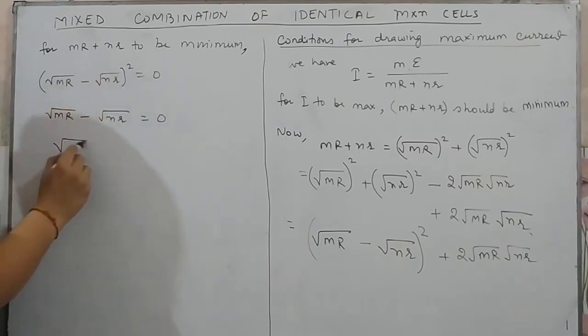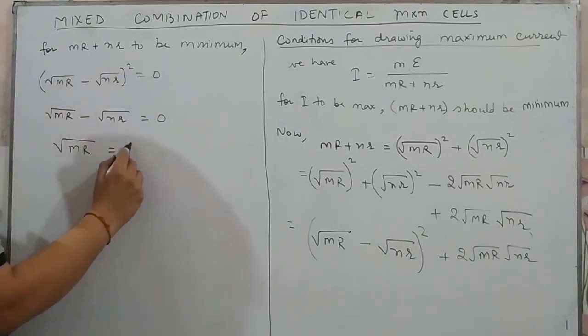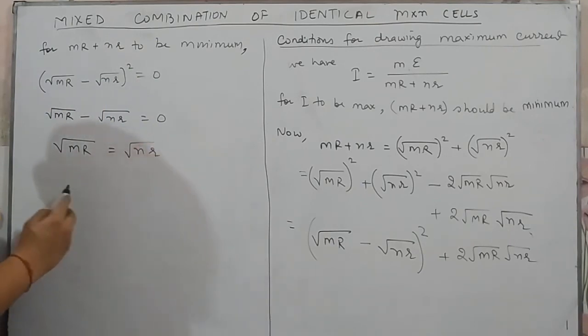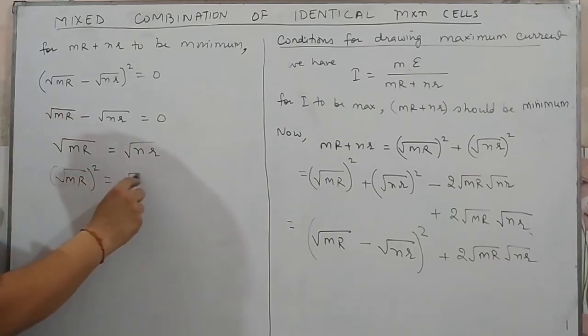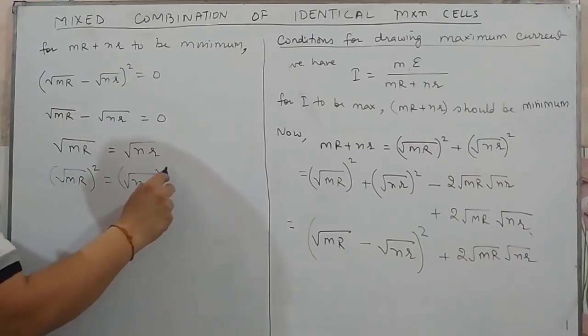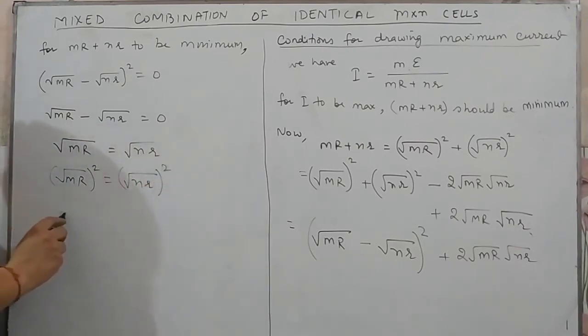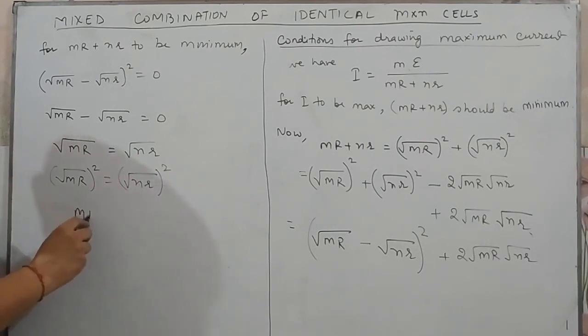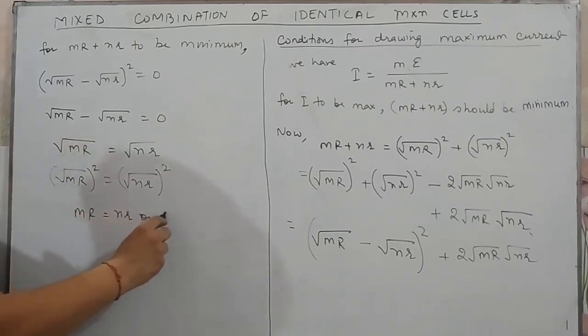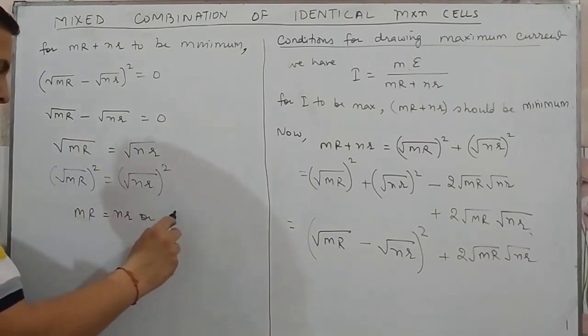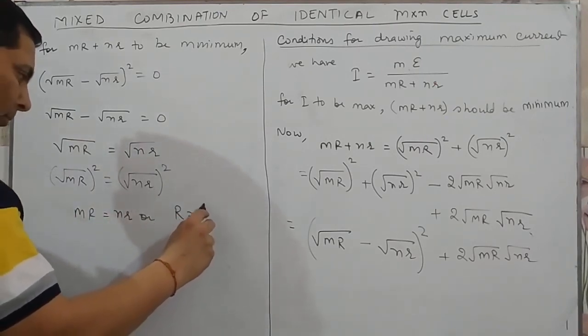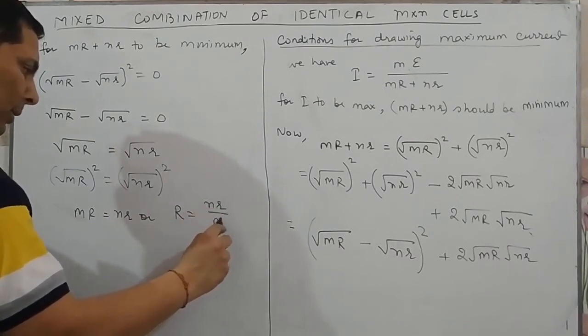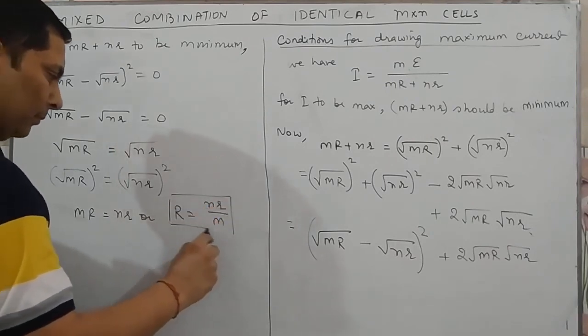Then root of mR equals root of nr. Squaring both sides, we have mR equals nr, or we can write capital R equals nr by m.